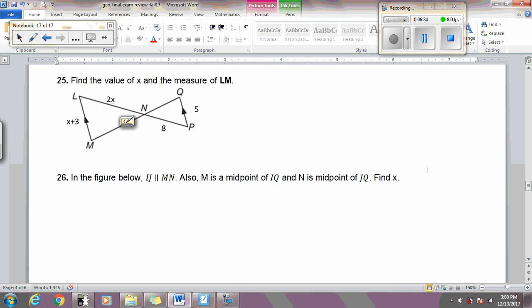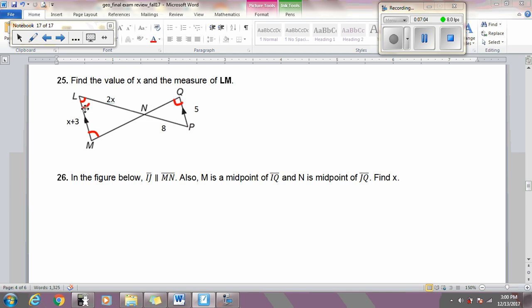All right, now on number 25, it wants us to find the value of x. This gets into Unit 6, which is our most recent unit this semester. We just tested over it. So we know that LM is parallel with QP. We also see a set of vertical angles. So let's mark all the angles congruent that we can. So M alternates with Q, so alternate interior.